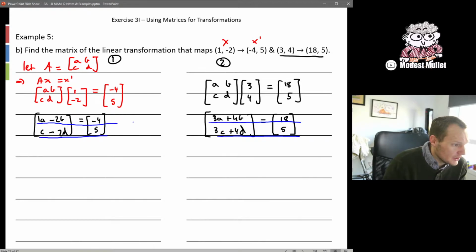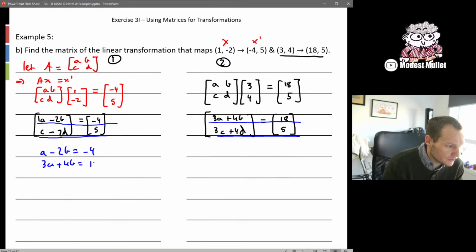So from this first one, we can see that we've got a minus 2b is equal to -4. And from the matrix operation number 2, we've also got 3a plus 4b is equal to 18. So that's taking the first line of both of those, getting this set of simultaneous equations.